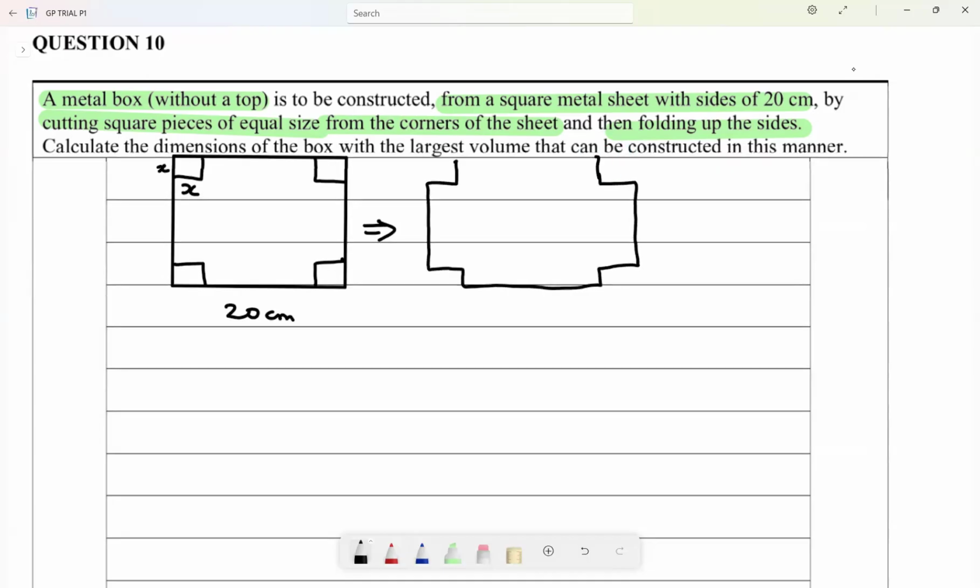Excuse me for my bad drawing there. So this is what happens. We have removed those square pieces.